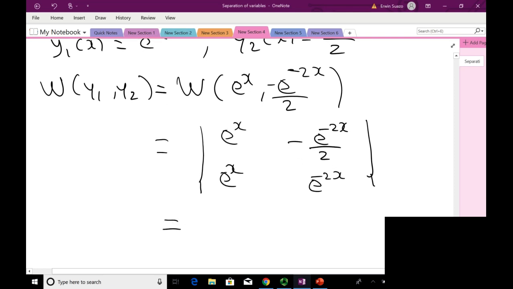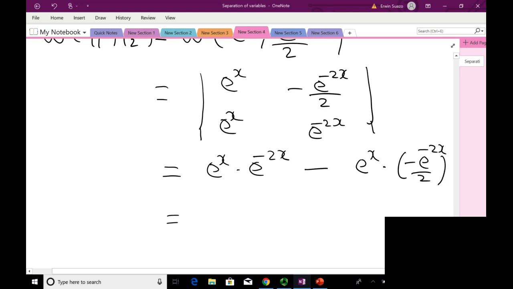Now we find the determinant. So e to the x times e to the minus 2x, minus e to the x times minus e to the minus 2x divided by 2. So minus times minus is plus. What is e to the x times e to the minus 2x?